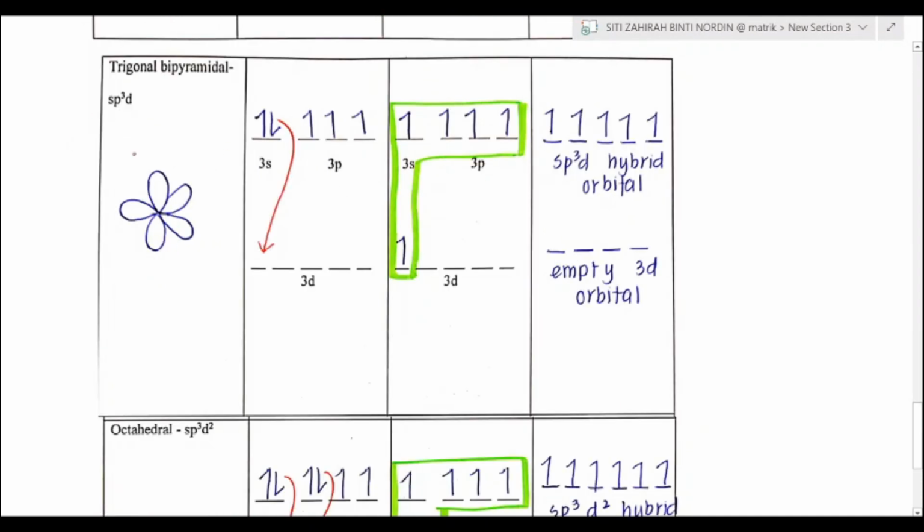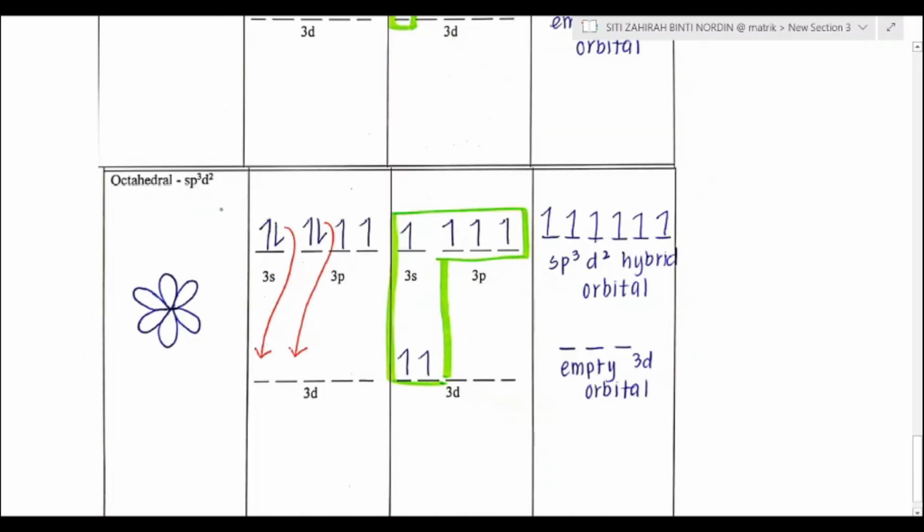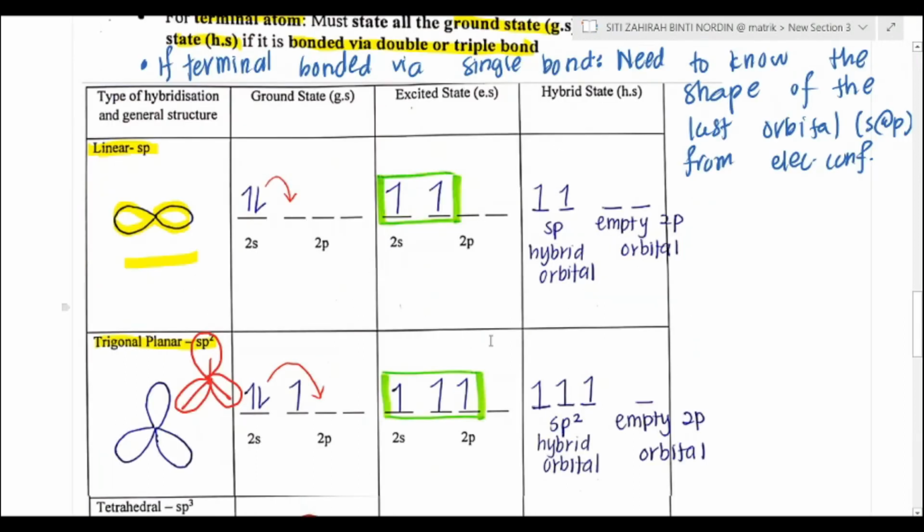So for sp3d, it is trigonal bipyramidal with 5 terminal atoms and 5 lobes. So for sp3d2, it would have a shape of octahedral. So all of this is just an example of how we go from ground state to excited state and lastly to the hybrid state.